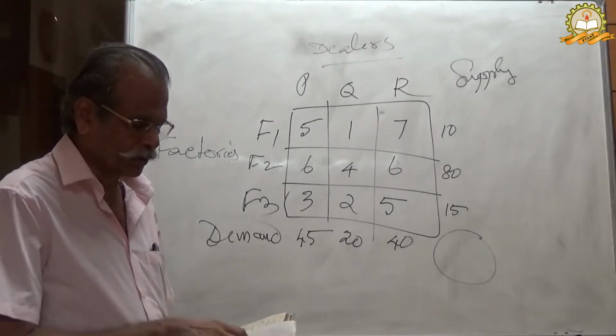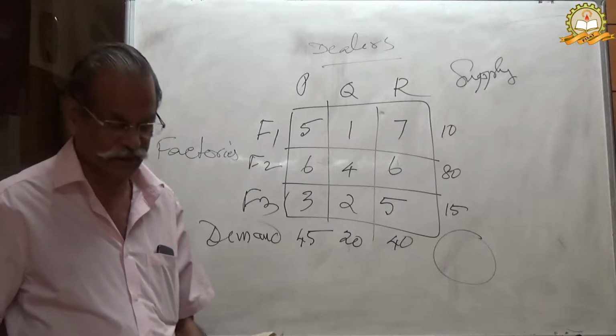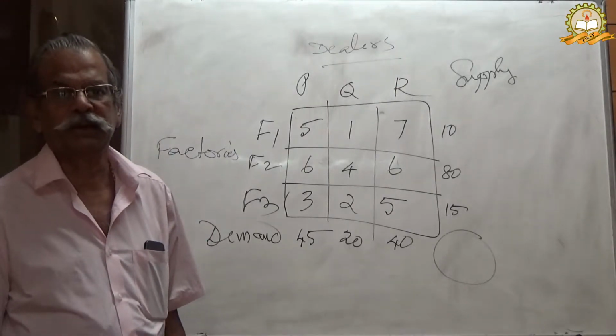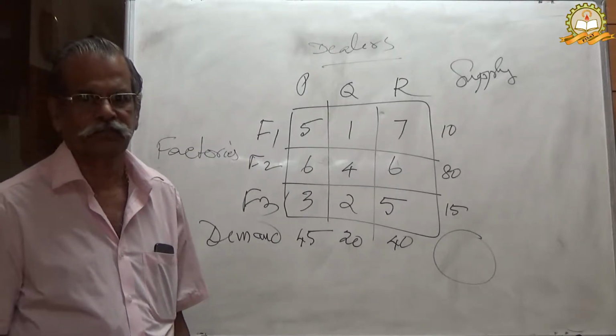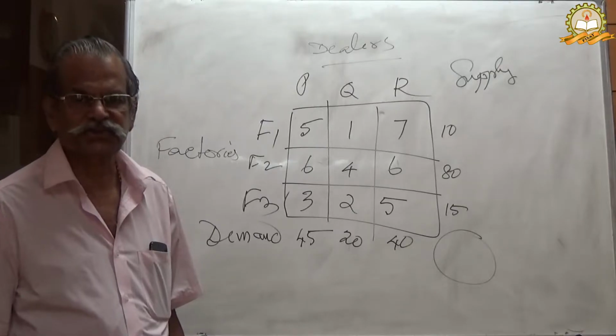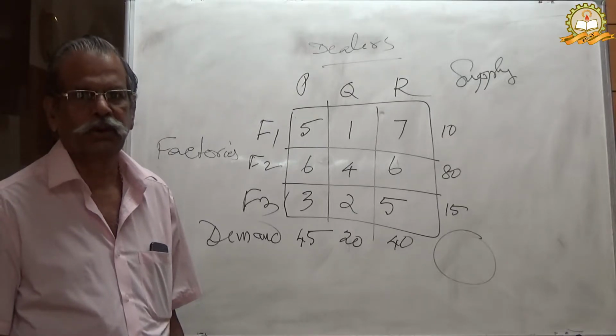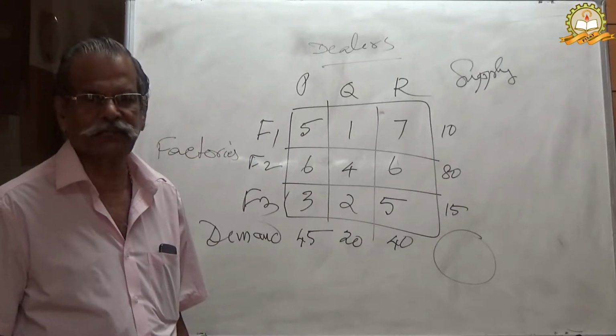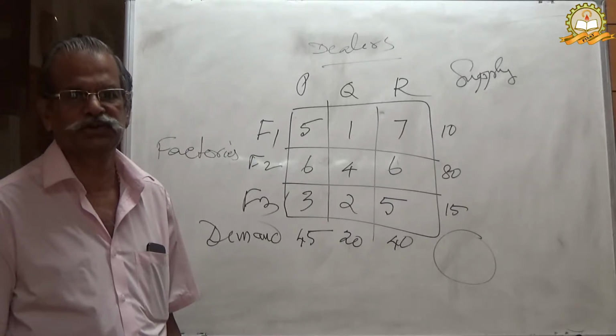Here you will have to initially find the transportation cost and minimization. As a second step, you will have to test its optimality after finding the initial solution.